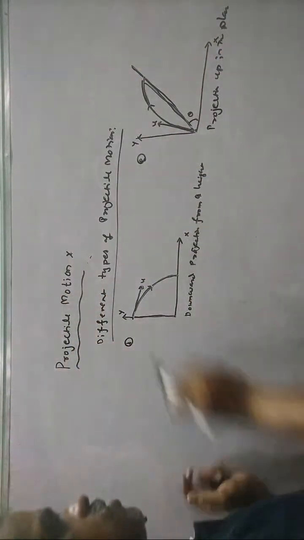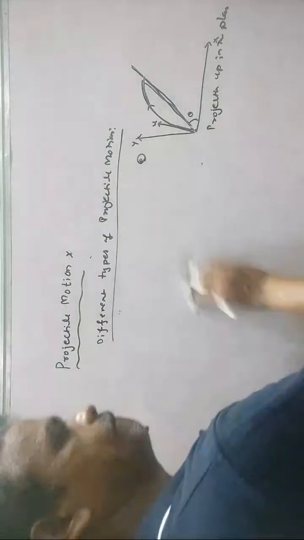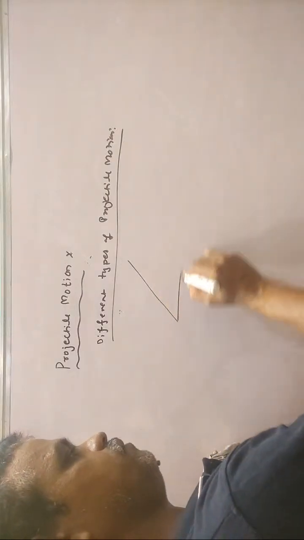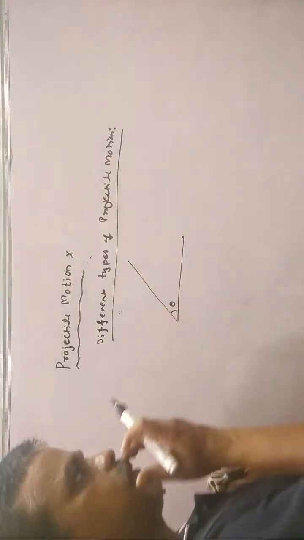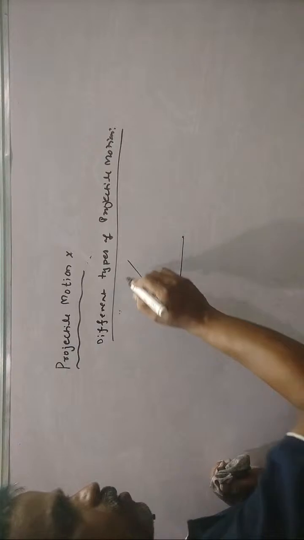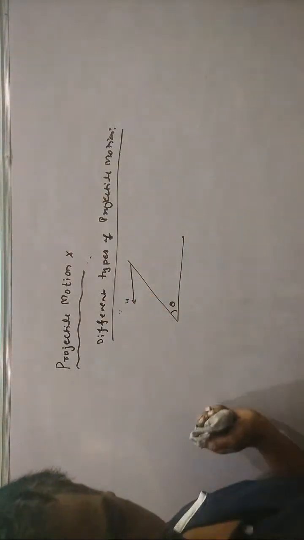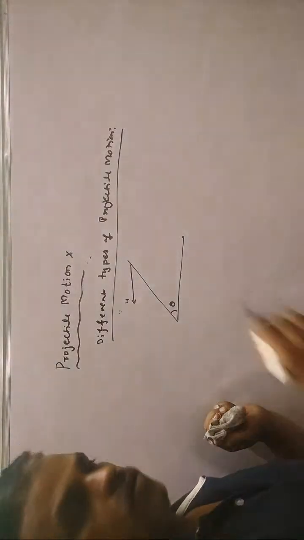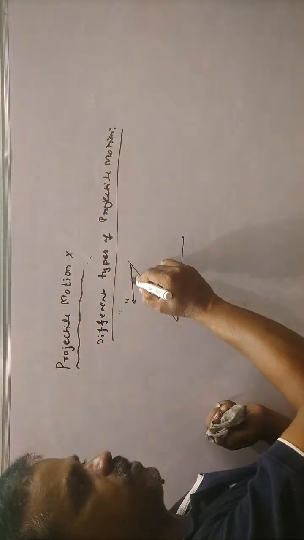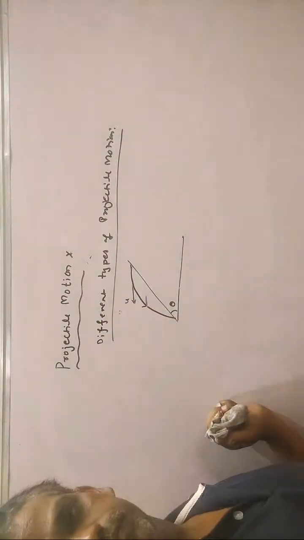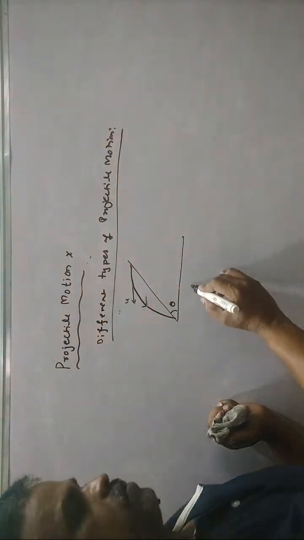Okay. Last type, projection down the plane, on the inclined plane. If we project it down the plane, the body will move like this. This is the sixth type.